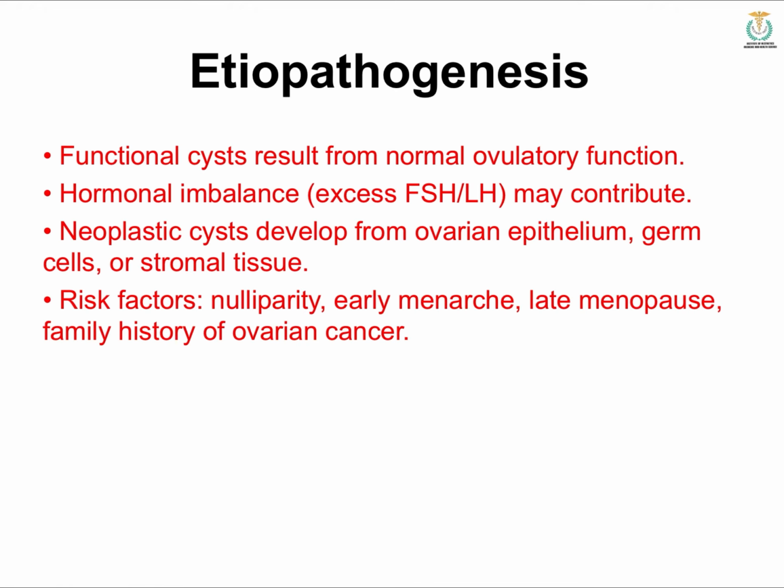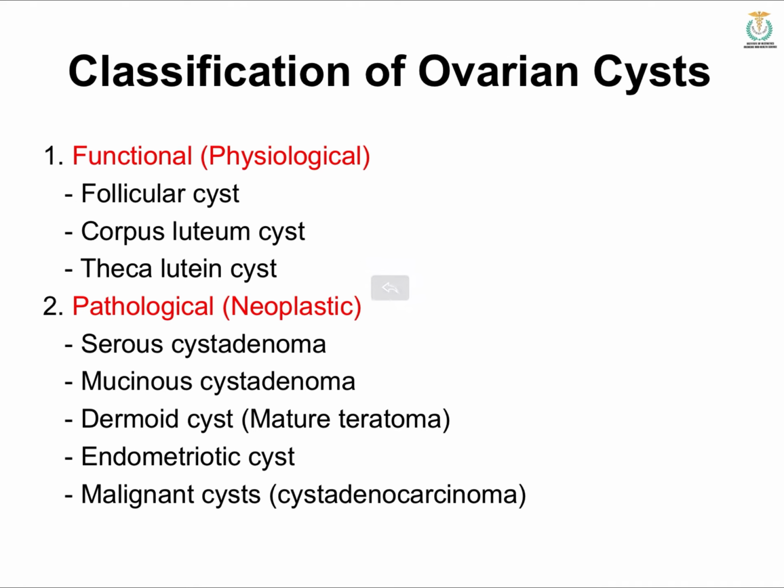A follicular cyst forms when the follicle doesn't rupture. These are usually small and resolve spontaneously. Corpus luteum cyst forms after ovulation and can rupture or cause mild pain. Theca lutein cysts are usually bilateral and associated with high HCG conditions like molar pregnancy. So that is about the functional type.